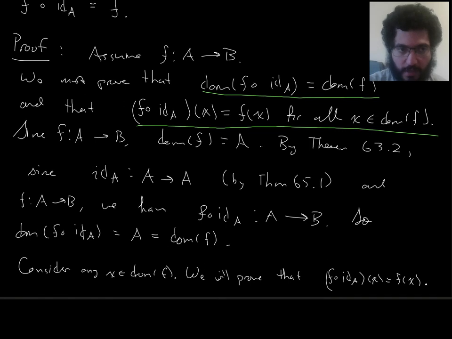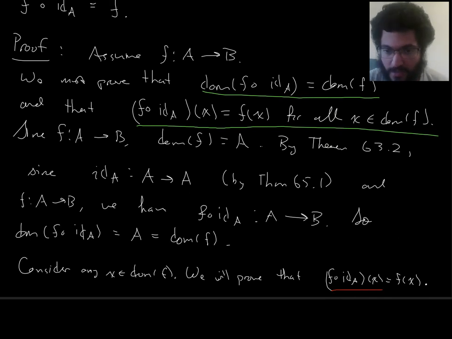Now, how do I do anything with F composed with id A evaluated at x? So here's a bad plan. Here's a bad idea that would be too much work, but it's not really a bad idea. I think it's what you would naturally think of first.